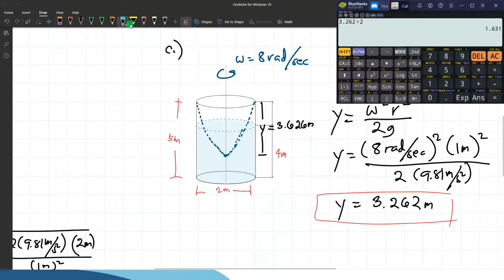Initially the volume of air is in the shape of a cylinder.